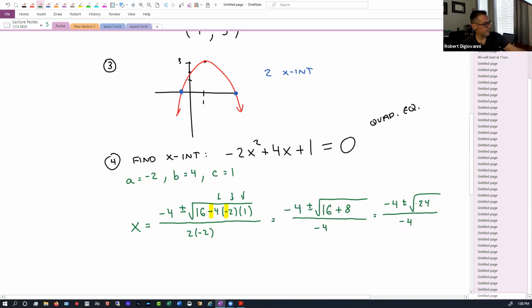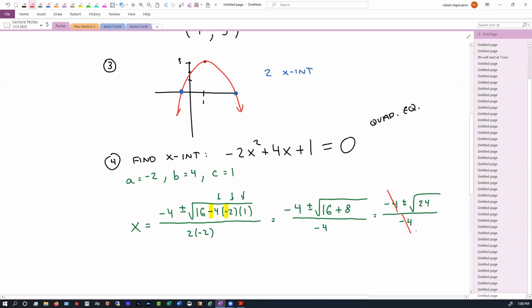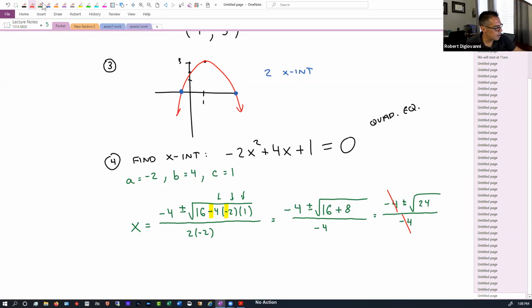Hey, can I cancel these -4s right here? Yeah. You have to be careful. Remember that division bar. Remember what I told you about this division bar? That division bar says you must do everything on top first before you divide by -4. So we have to figure out everything up there before we can actually do that.